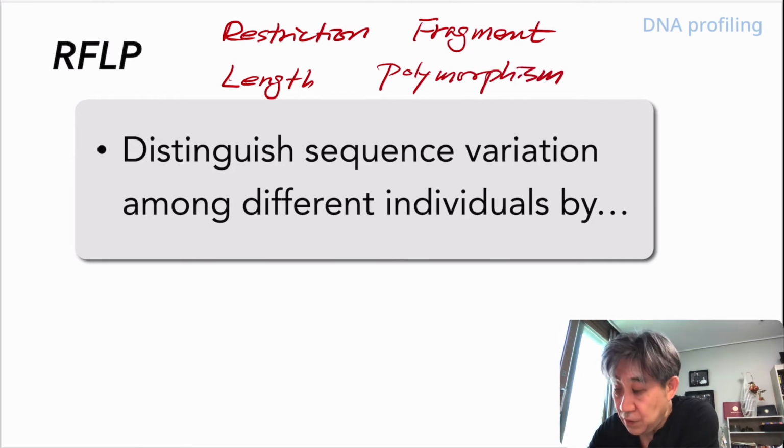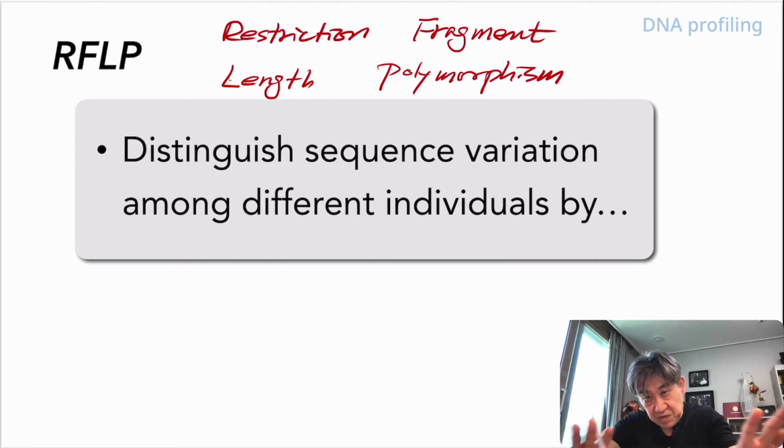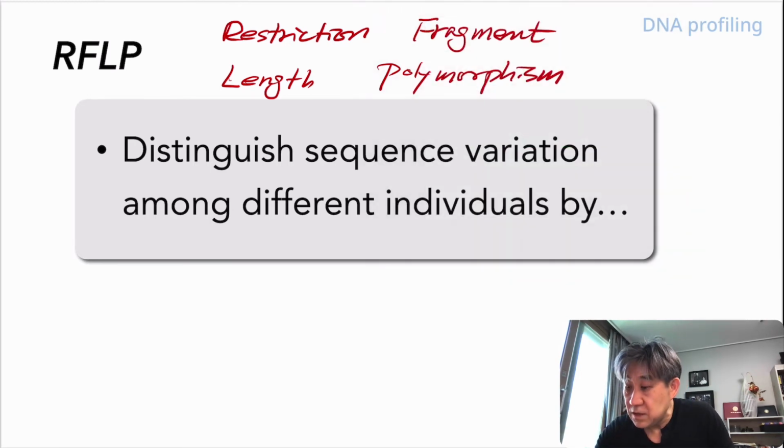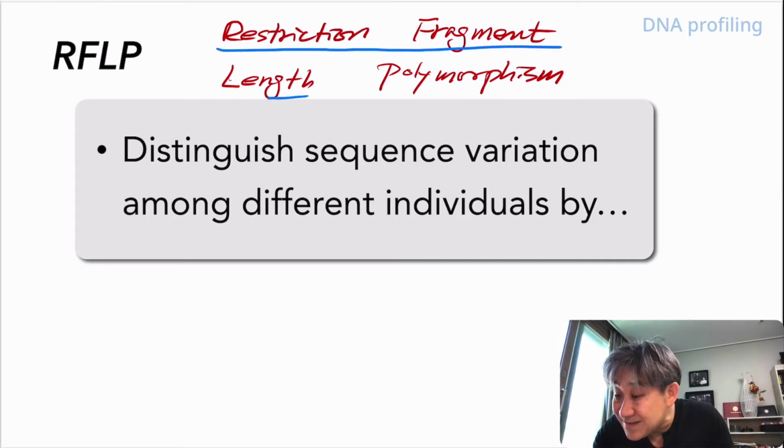Right. So polymorphism, I have just briefly mentioned a minute ago. This polymorphism means the high variation among different individuals. And what we need to understand here is a restriction fragment. What is its restriction fragment? And its length.